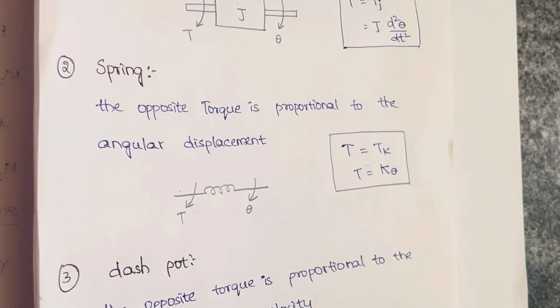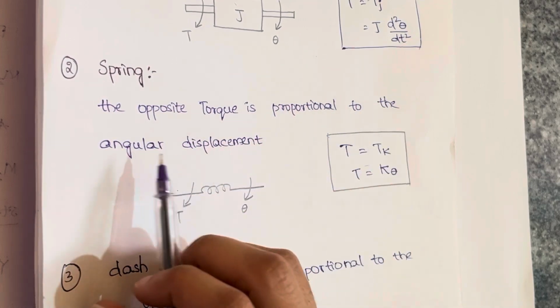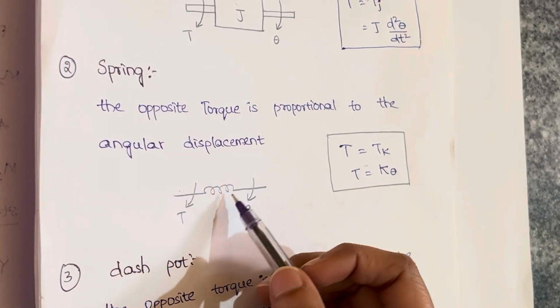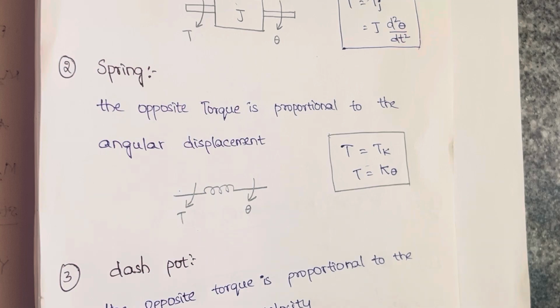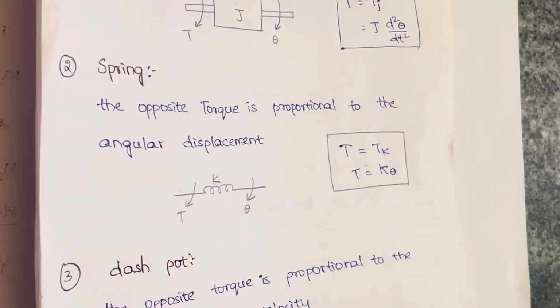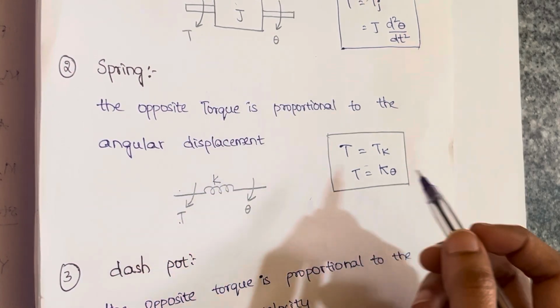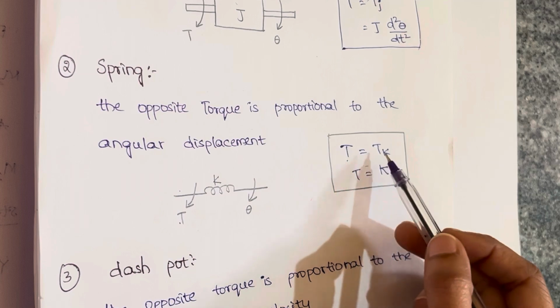And the second term is spring. The opposing torque is proportional to the angular displacement. This is the spring, where T is the torque and theta is the angular displacement, and the equation is given as T equals Tk.